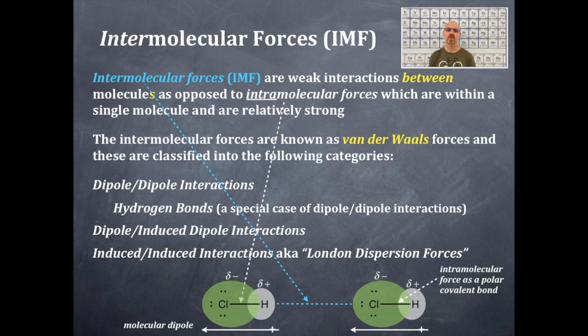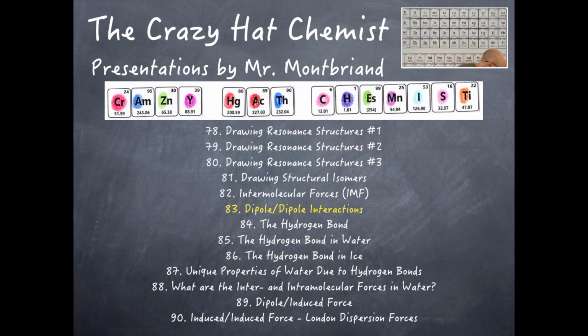This is a very weak intermolecular force, so it's a very weak force compared to the intramolecular force. So intermolecular forces are very low in energy, weak, and this is very similar to a magnet. Okay, so there's that introduction of inter and intramolecular forces, the differences between the two.